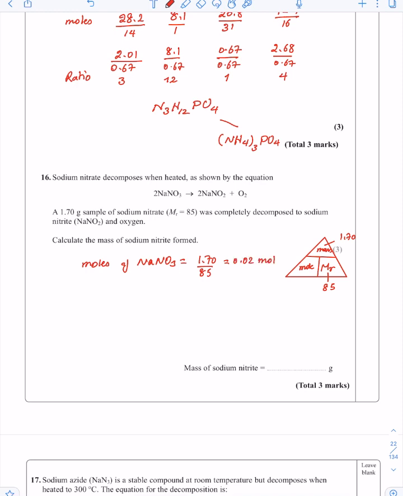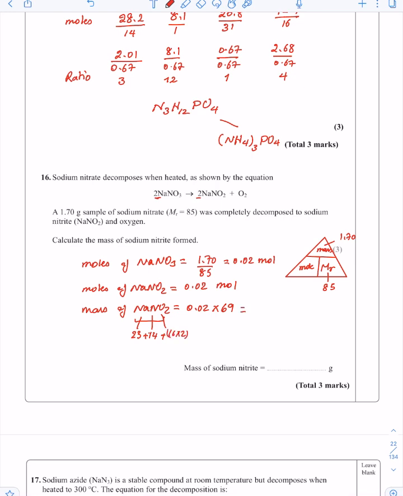Next the ratio between sodium nitrate and sodium nitrite is 2 to 2. So the moles of sodium nitrite, NaNO2, is equal to 0.02 moles. Third step, the mass of sodium nitrite is equal to 0.02 multiplied by the Mr of sodium nitrite, which is 69, which is 23 sodium plus 14 nitrogen plus oxygen 16 by 2.